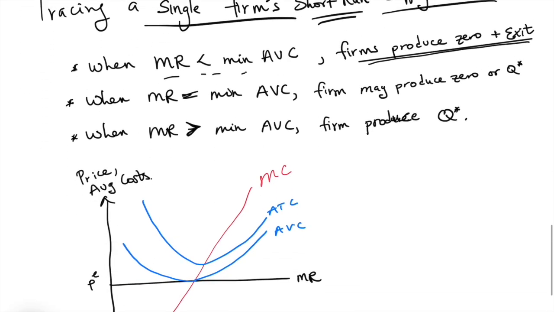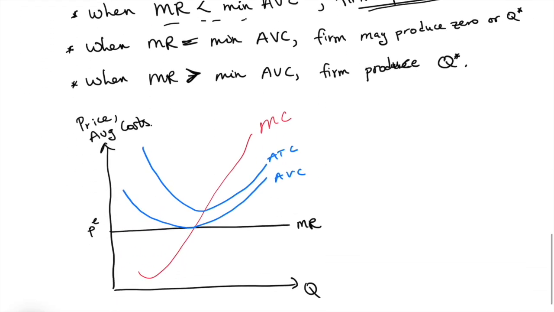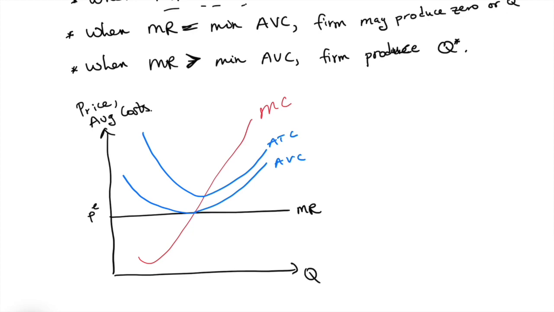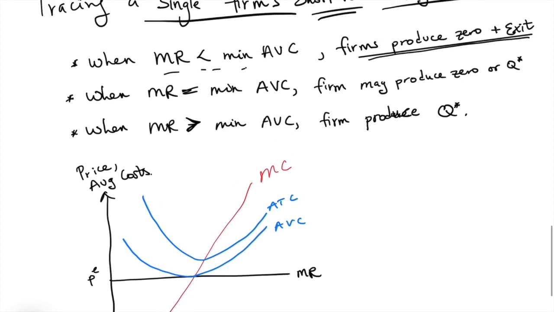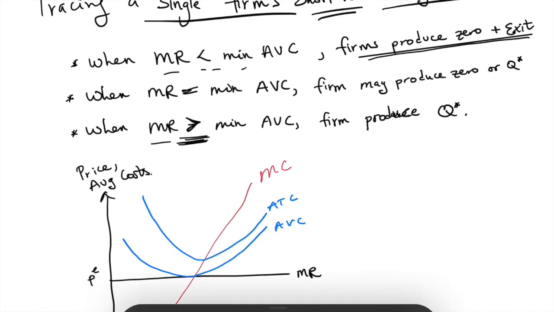How do we visualize this on this graph here for a single firm? Again, this graph is for a single firm. So let's take the one on the bottom. When marginal revenue is greater than the minimum of average variable cost, produce Q star. How do we show that?